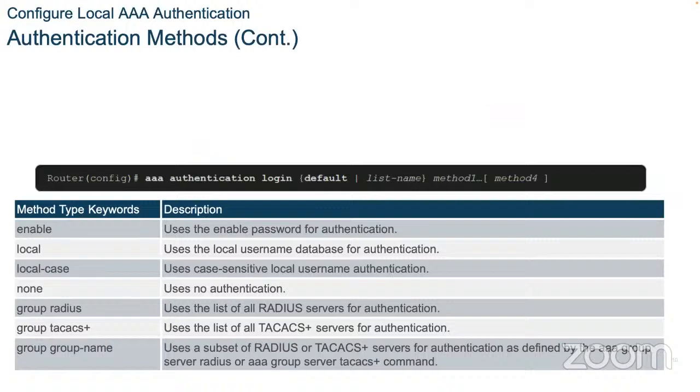You can list 4 methods to authenticate users, providing a fallback should one not be available. Anything that's local, you could use the keyword local or local-case. If you want to specify that a user can authenticate using the enable password, they'll use the enable keyword.